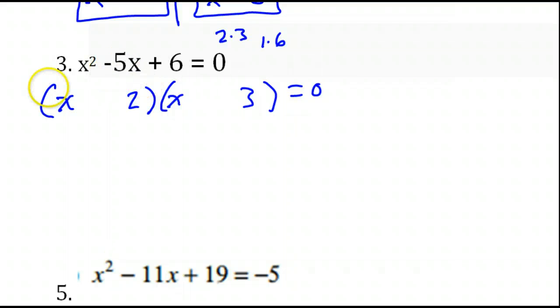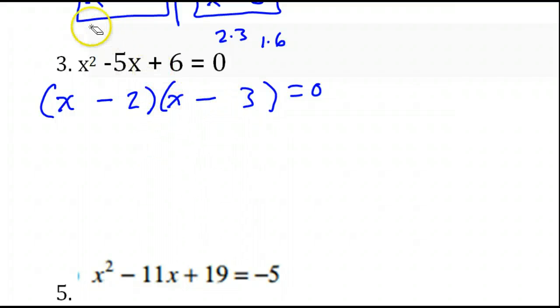Alright, got another plus negative bugging me. Inner we have 2x, outer we have 3x. We can get a negative 5 out of this if both of these are negative. So that would make both of these negative. Will that give us a positive 6? Yes, negative times a negative is a positive.